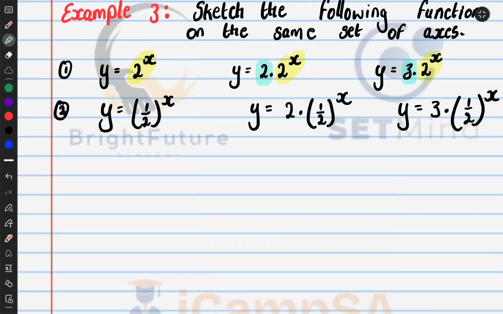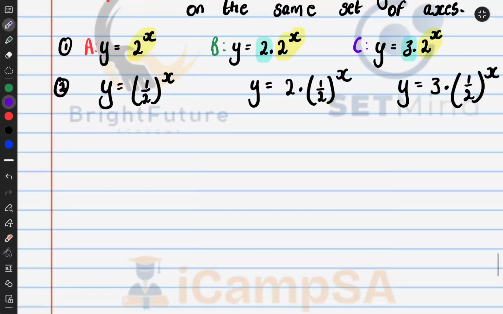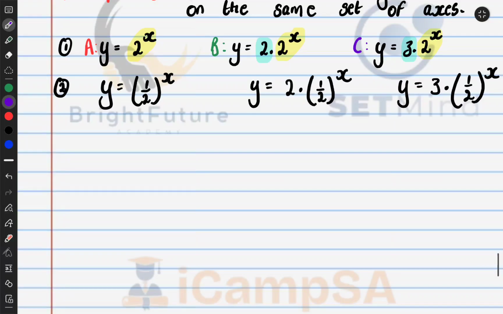If we sketch everything on the same set of axes, it's going to be a bit untidy. So for functions in number 1, let me label them. This will be your a, this will be your b, and this will be your c. Let's start by sketching those.